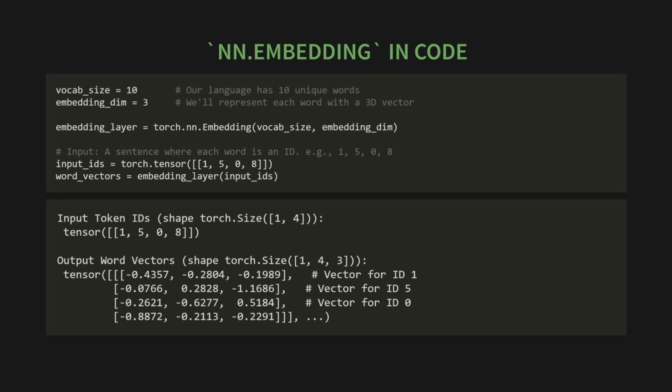When we pass those input IDs to the layer, look at the output word vectors. Our input had a shape of 1 by 4. And our output has a shape of 1 by 4 by 3. For each of our 4 input IDs, it looked up and returned the corresponding 3-dimensional vector. This is the first step in every large language model.